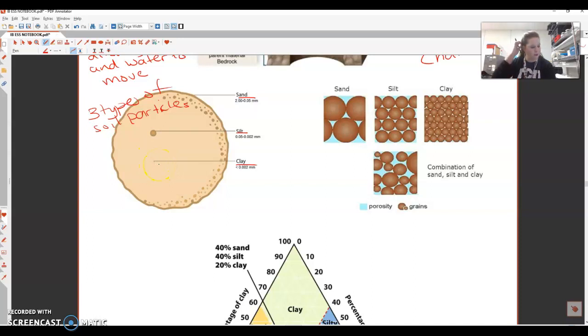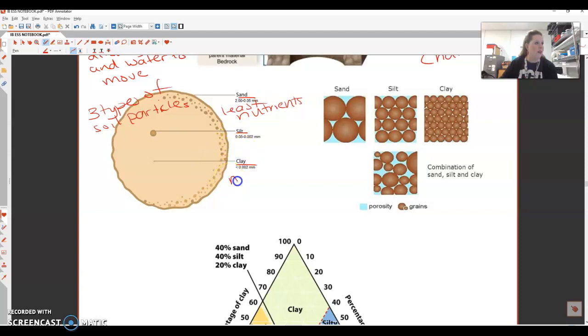Okay, so sand, if you think about it, do you see like in a desert or at the beach a lot of plant life? You don't, because sand isn't able to hold on to a lot of nutrients and water. So sand has the least nutrients.